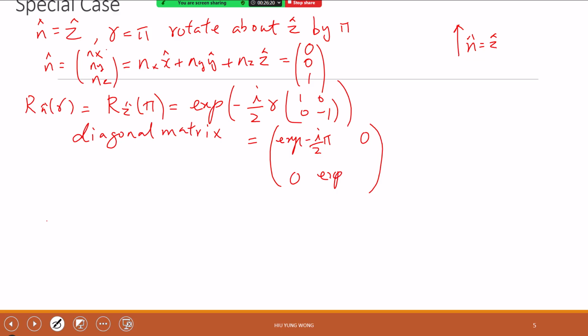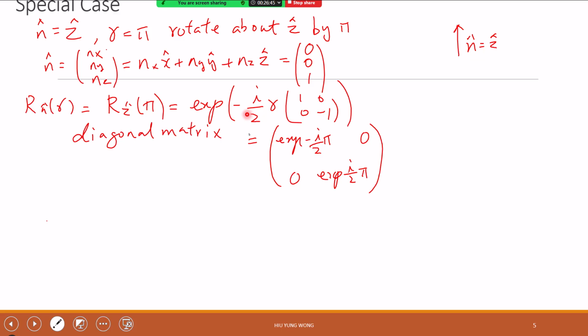So the other term is going to be exponential of i pi divided by 2. Are you okay? Because this is diagonal, when I exponentiate this matrix, you can think of it as just numbers. This number goes with 1, and this number goes with negative 1. So I will get negative i gamma over 2, and gamma is pi, so it's negative i pi divided by 2.